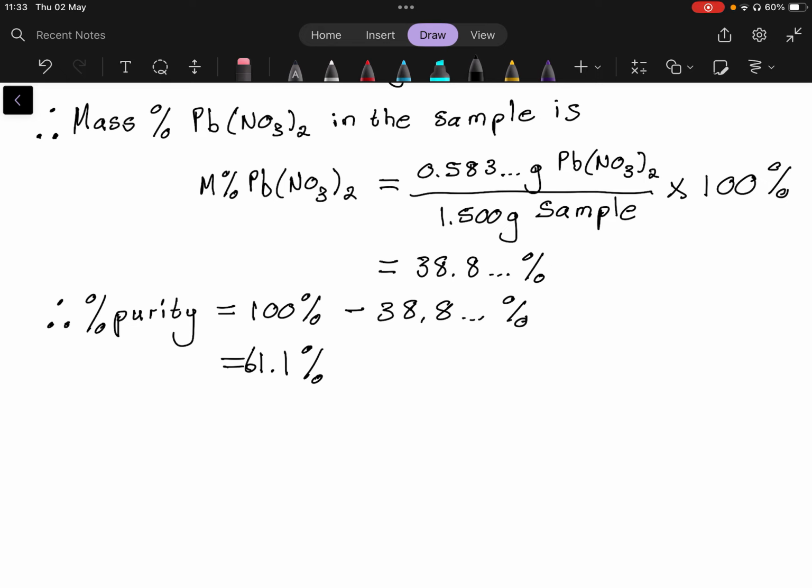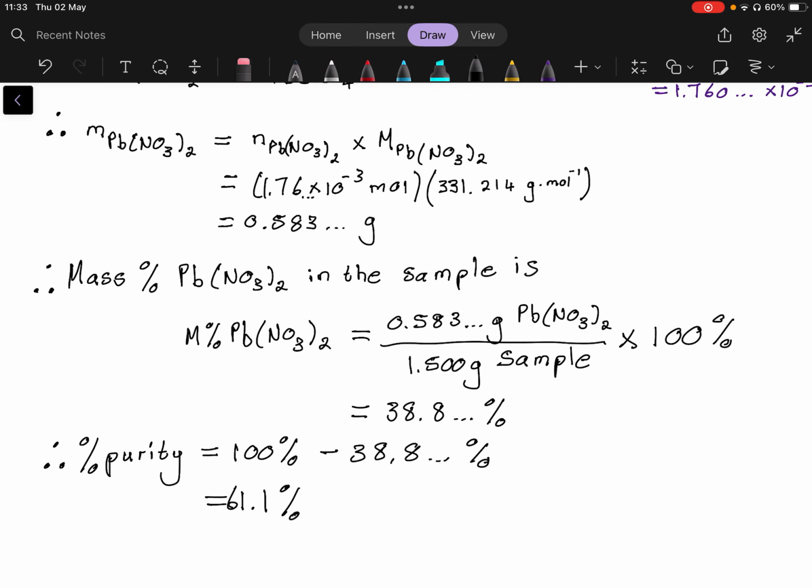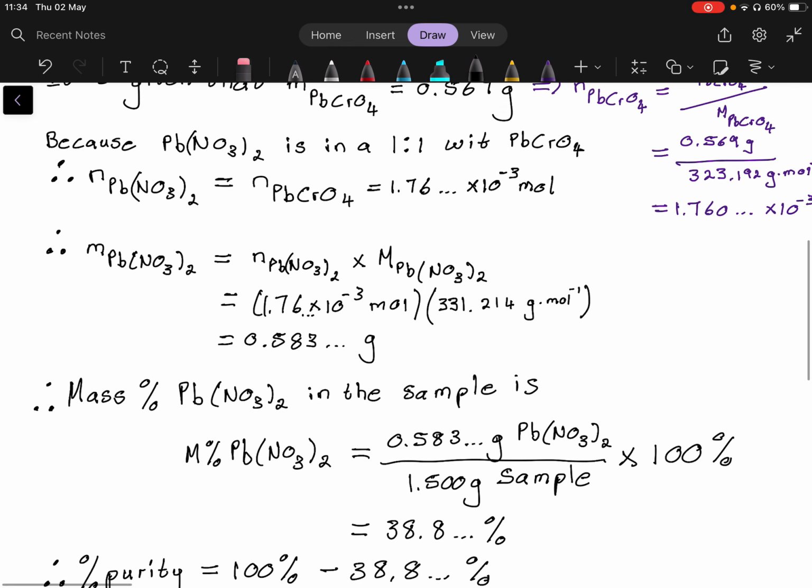So essentially, a nice way or good way to figure it out for yourself is writing it backwards. So you say you want the percentage purity. How do you get that? Well, you actually need the percentage impurities, and that is the mass percentage of whatever your contaminant is. So to get that, you need the mass of your thing. To get the mass of anything in chemistry, you usually need to work out the number of mole.